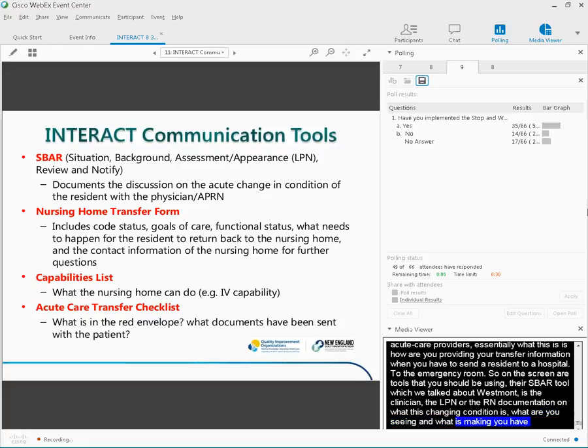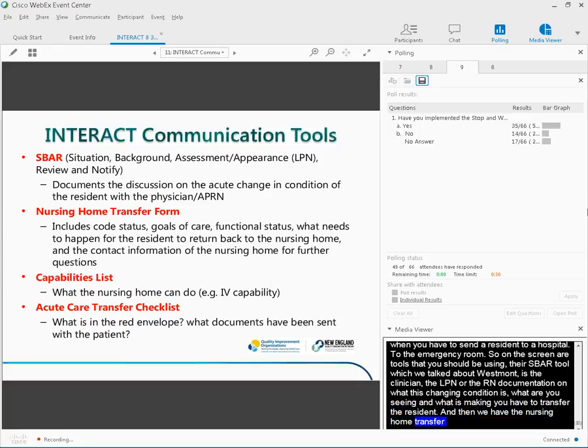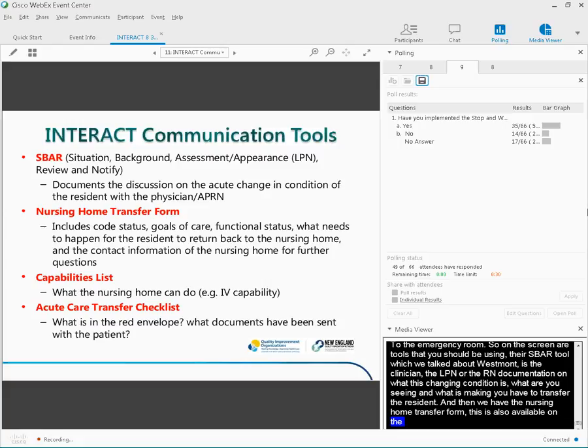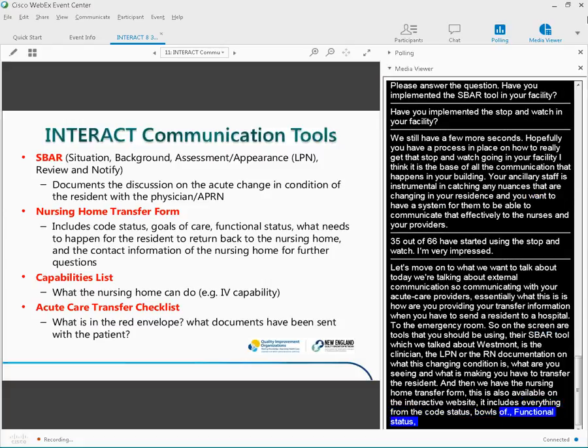And then we have the nursing home transfer document. This is also available on the Interact website. It includes everything from the goal status, goal of care, function. It basically replaces the W-10 and has a lot more detailed information than the W-10.